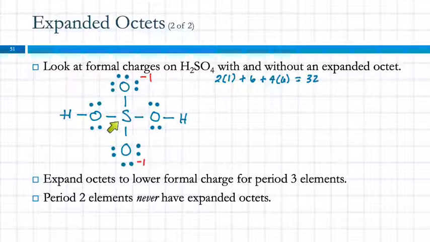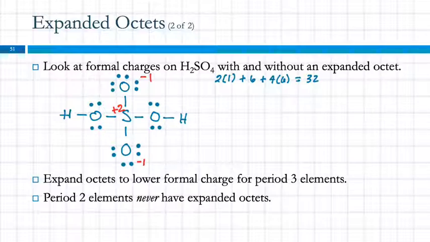The sulfur in the middle had 6 valence electrons, and it would leave with 1, 2, 3, 4. So this has a formal charge of +2. So that's not so great. Let's see if we can get 0 formal charges. Sulfur's in period 3.